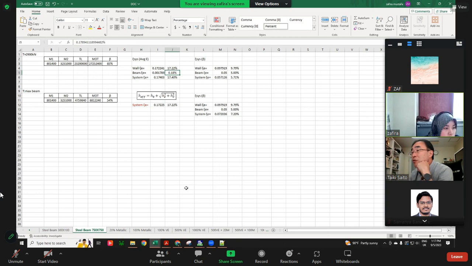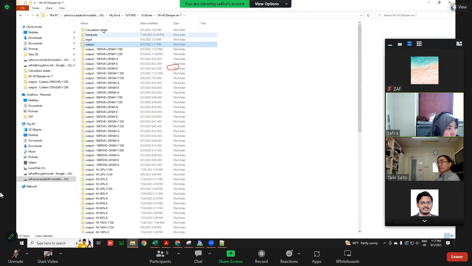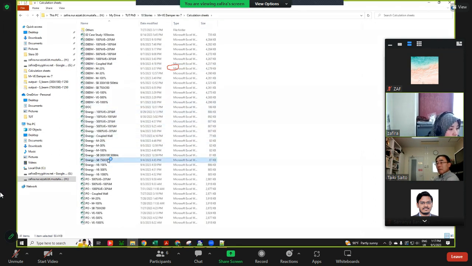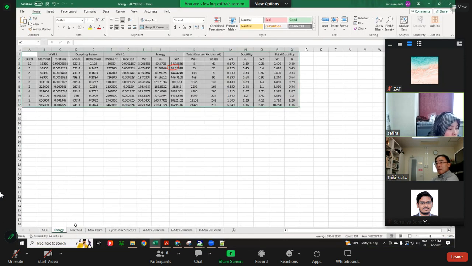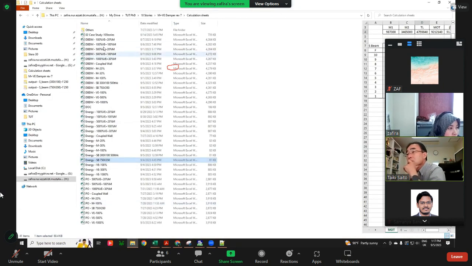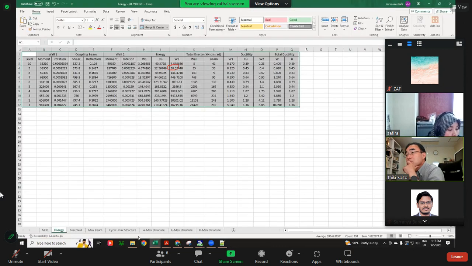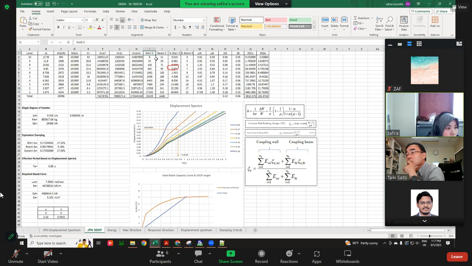But the wall dissipates so much energy. Yes. If I open here, if you check the energy calculation, for example, this one, mostly at the bottom, this is the wall energy.